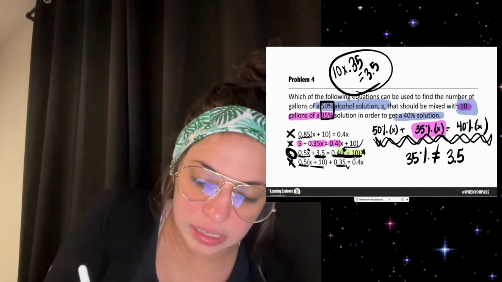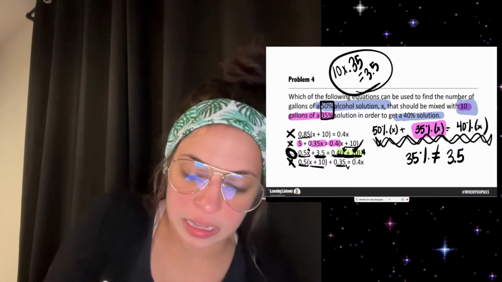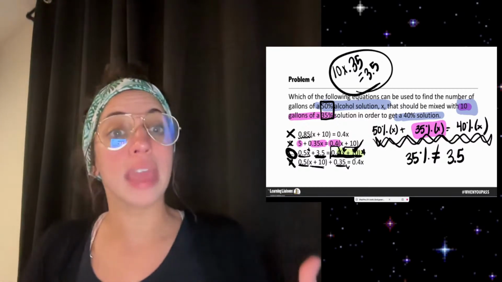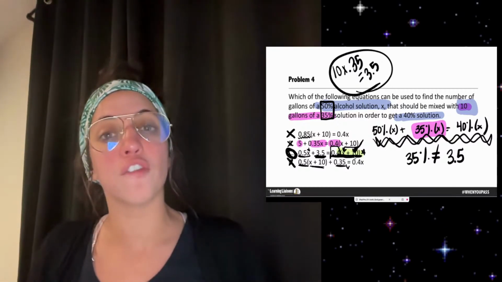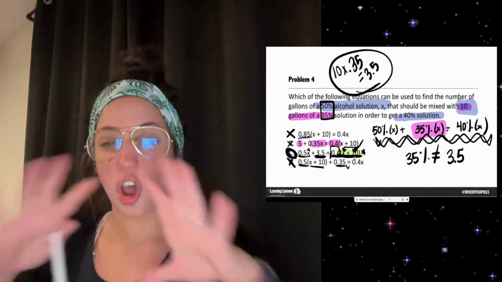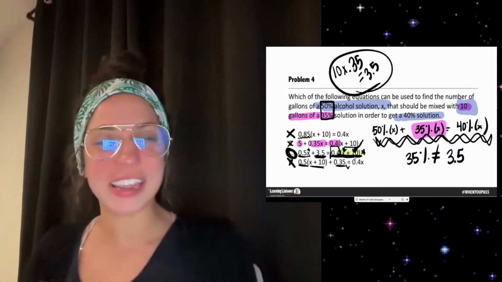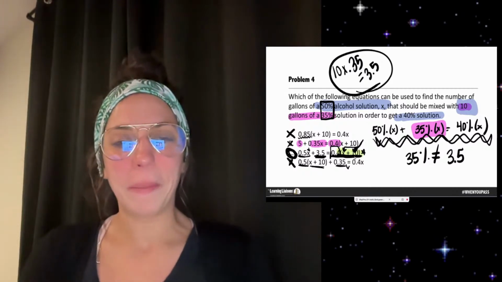Here's my X gallons plus my 10 gallons that is going to equal that 40% solution. That's where they got the X plus 10 from. Does all of that make sense? These problems are so confusing and so hard.